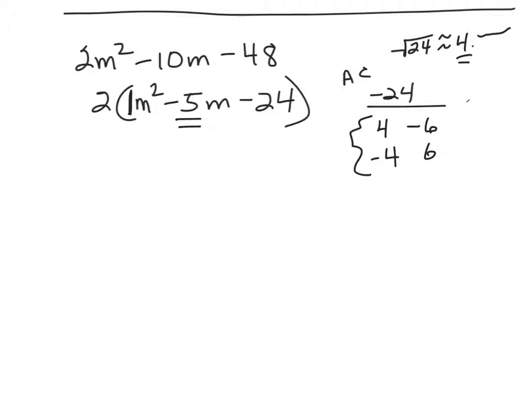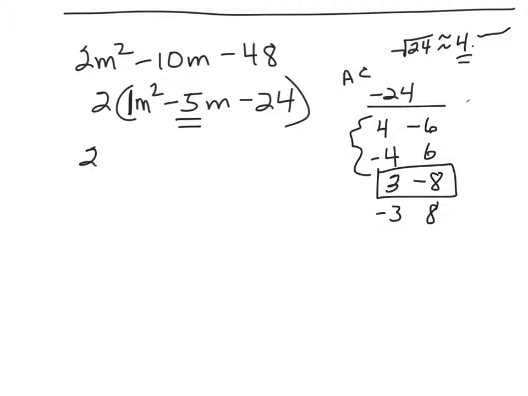So we'll back 4 down to 3 and ask if 3 goes into 24. And it does. It goes 8 times. So either 3 times negative 8 or negative 3 times 8. But 3 and negative 8 do add up to negative 5. So that's the combo that we need.